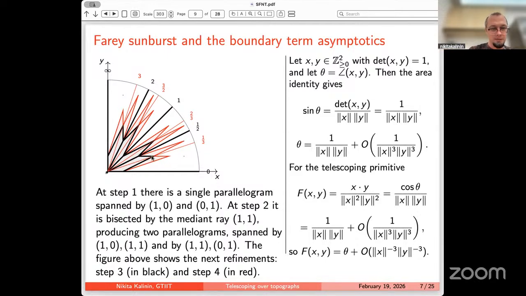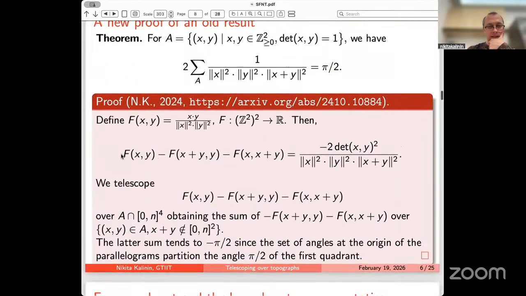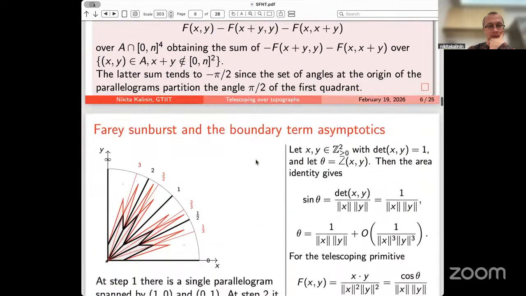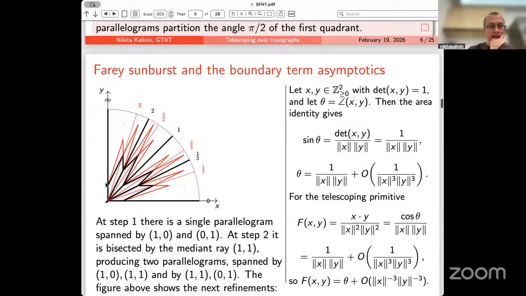And then you have parallelograms here. So at each step you have twice as many parallelograms. And you see, if you look at the telescoping formula here, you will see that all intermediate terms cancel except the last generation of parallelograms, and except the first parallelogram corresponding to 1, 0, 0, 1.